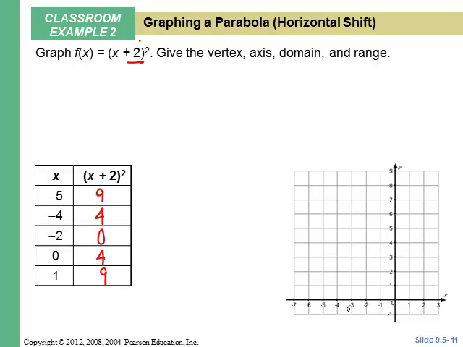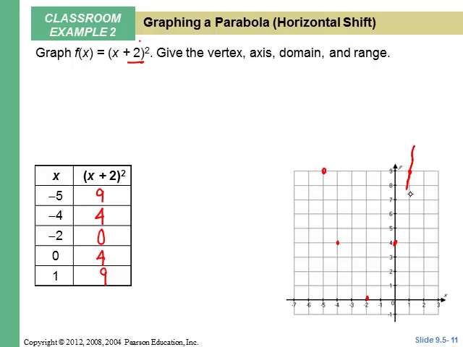So back 5, up 9, back 4, up 4, back 2, up 0, over 0, up 4, over 1, up 9.